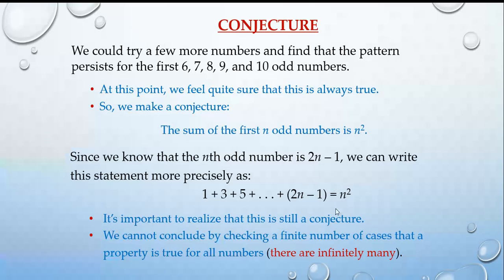Suppose we take infinitely many numbers; how can you say that this will be true? Maybe for some number up to infinity, the sum is not a square. So what will you do?